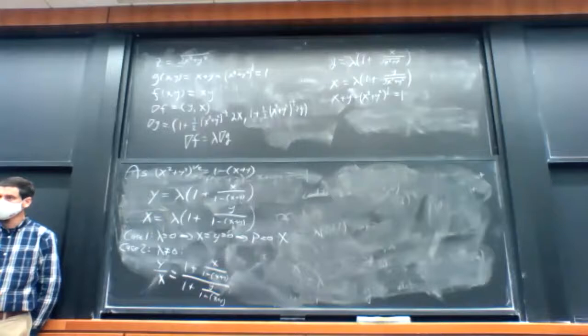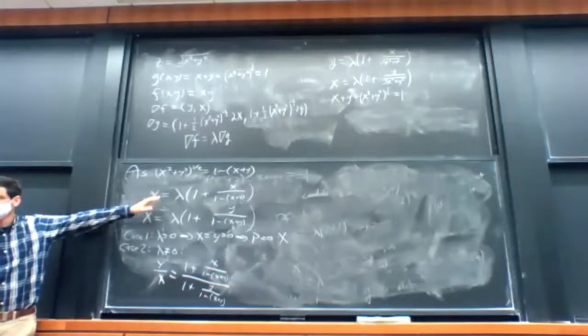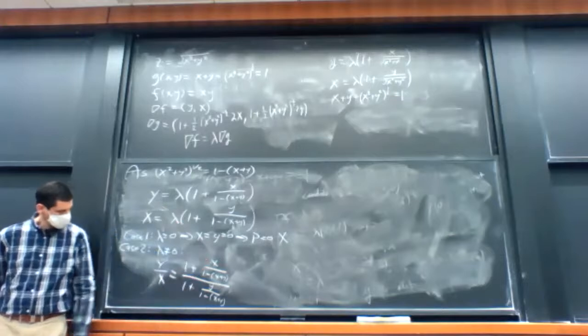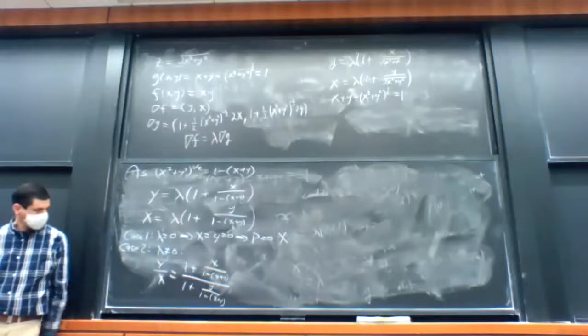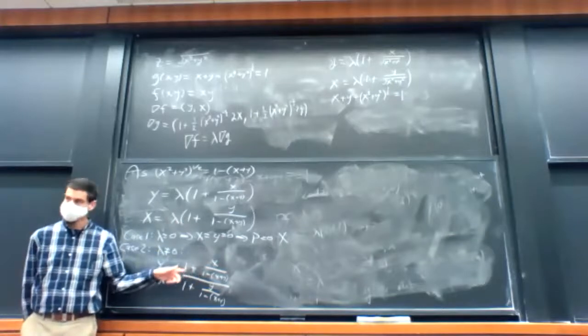Right? I'm just taking the ratio. The lambdas cancel. I have this over this. How would I add two fractions like this?